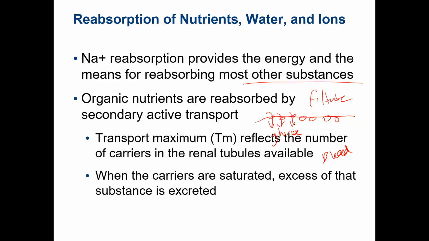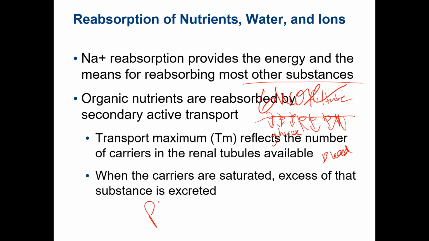This is most applicable in somebody who's diabetic. In someone who's diabetic, there's so much glucose here that you saturate these proteins, and then there's no way to get the glucose back into the blood. There's so much of it, you can't pump it all back in.